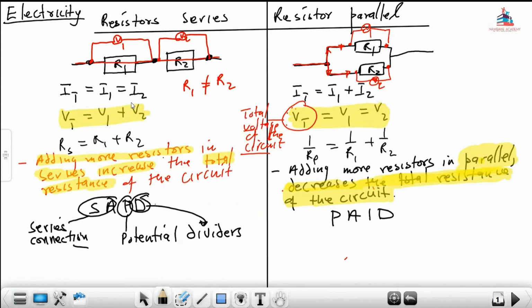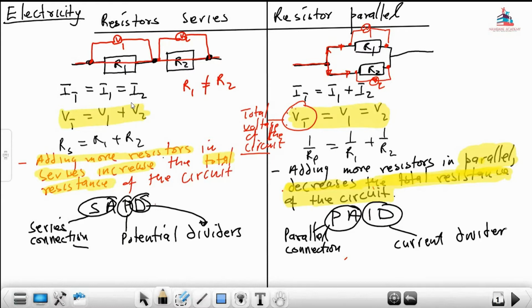But when I have a parallel connection, this I is for current. So they are current dividers. What is important is, once I have established that they are current dividers, meaning my current is taking two paths, then I definitely know that the resistors are connected in parallel.